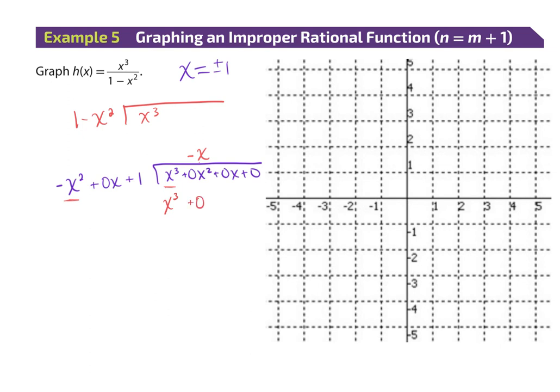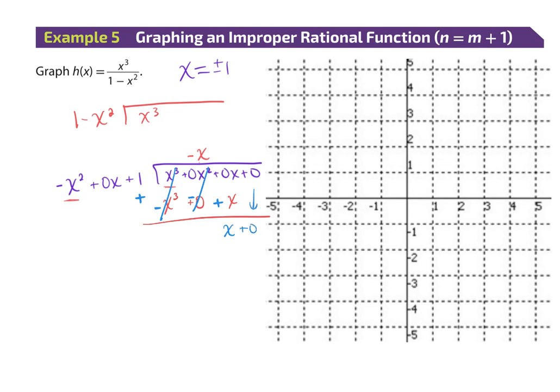And then -x times 1 is going to give me -x. Don't forget you are subtracting, so you are adding the opposite. It doesn't matter, obviously, for the 0, but it does matter here. All right? x cubed and -x cubed will cancel. 0 and 0, obviously nothing happens there. 0x and 1x give you 1x plus 0.